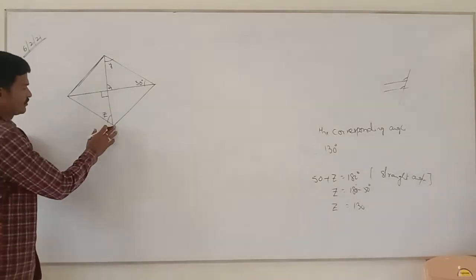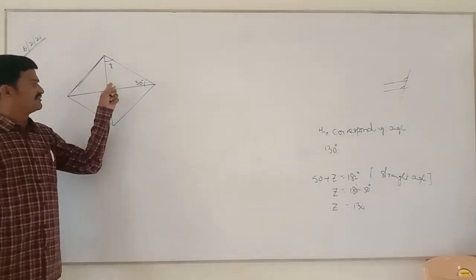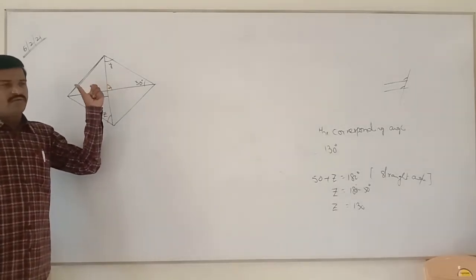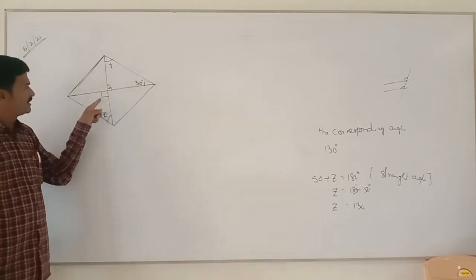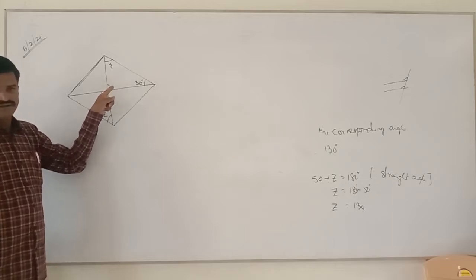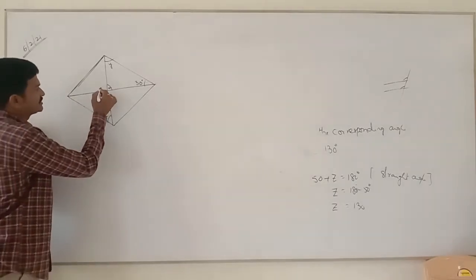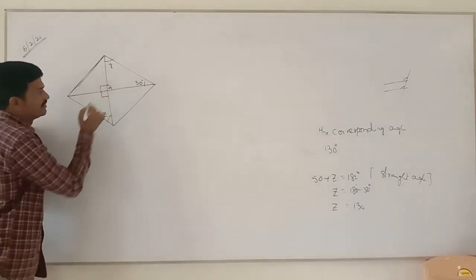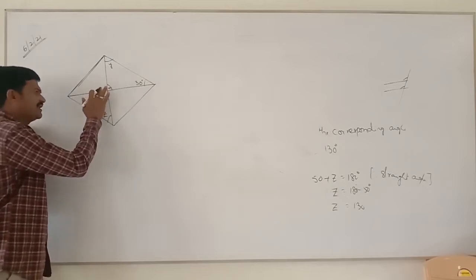Then how? Sir, x equals 90 degrees. Very good. Shamcharan is saying x equals 90. Why? What is the reason? It is a right angle, so this is also a right angle. Obviously all the angles are right angles only. But there is another reason also.